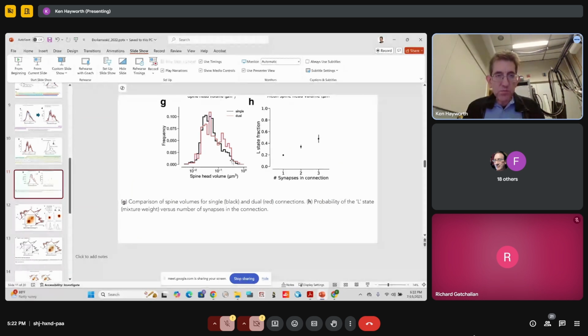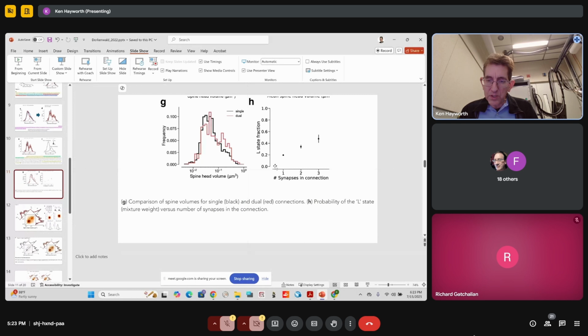I think that's because single connections are going to be less likely to have learned and become in the strong state. Although there's probably a mixture of stuff in here because some of those single connections are actually dual connections that they didn't find. But the dual connections have this bump that looks like a large one, so they're more likely to have larger synapses.